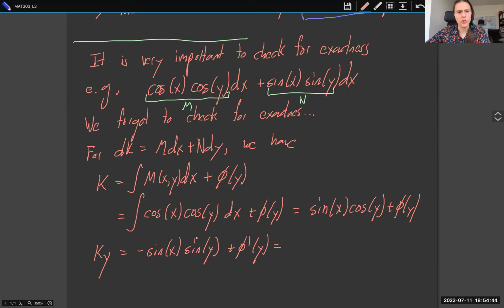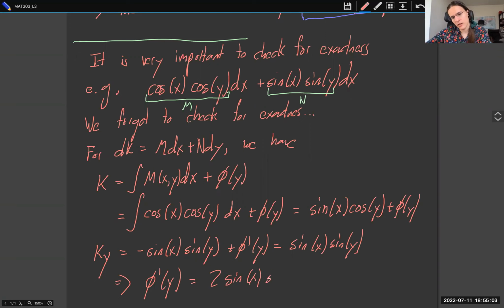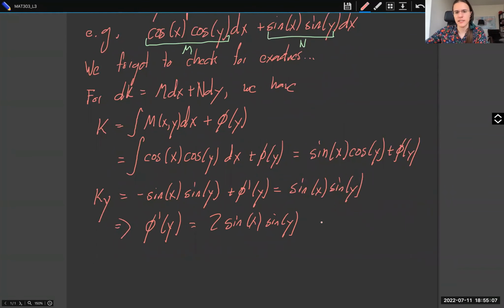And what is this equal to? This is equal to N. So what does that tell us? That tells us that phi prime of y, where phi is a function of y alone, is equal to 2 sine x. And this literally does not make sense, because what is x?